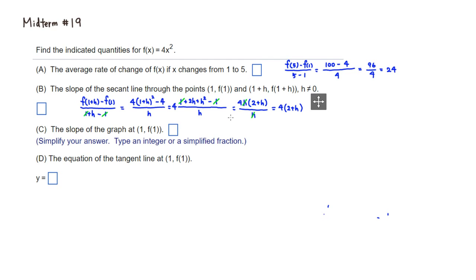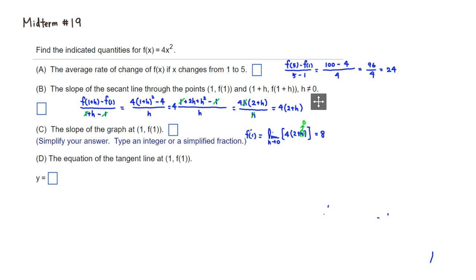Since we already did the work for part B, let's take the limit as h approaches 0 of 4 times 2 plus h. As h approaches 0, the h goes away, and 4 times 2 is 8. This is really the same thing as f prime of 1.